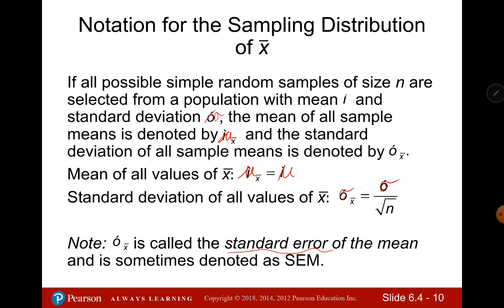This is also the standard deviation for x bar, the sample means. This one is the standard deviation for all the x, and this is the standard deviation for x bar. So we give it a new name, called standard error.